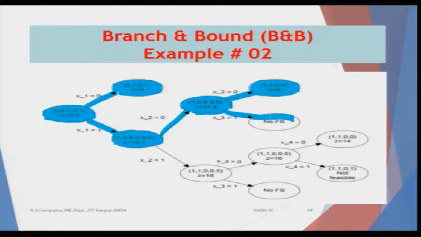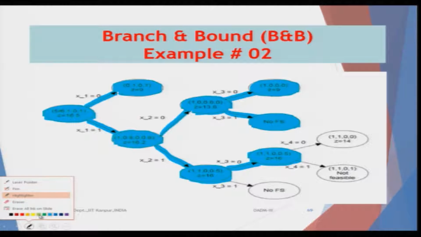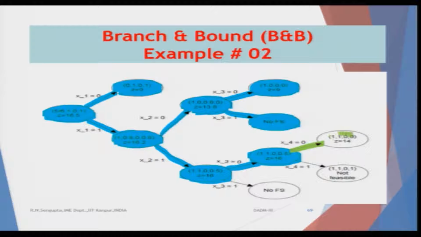I have already done all these things. I have traveled here. Travel means I have already visited this place by the solution method. I have traveled here, visited these places, and where I am is green, which is z is 14 and 1, 1, 0, 0.